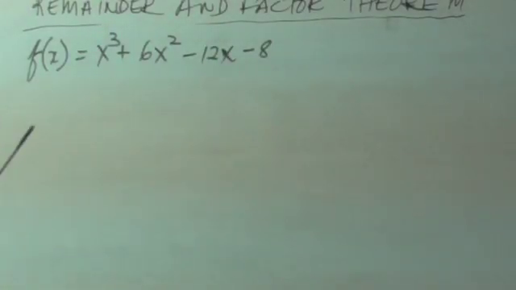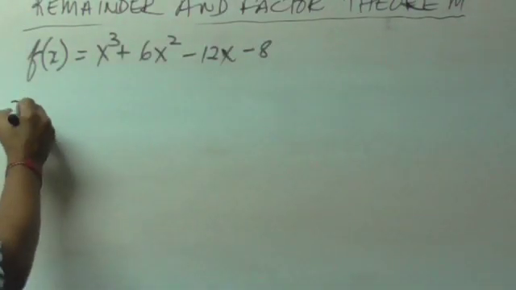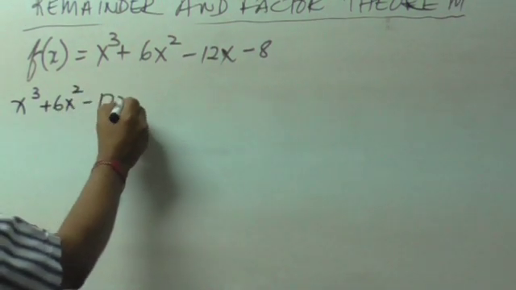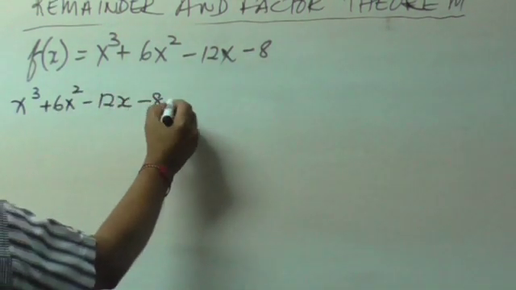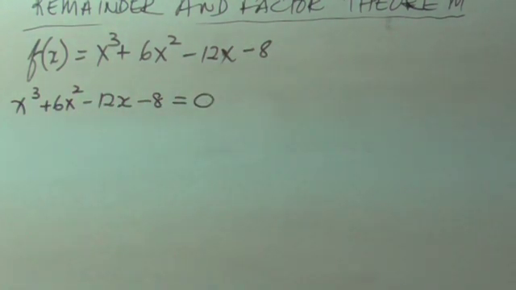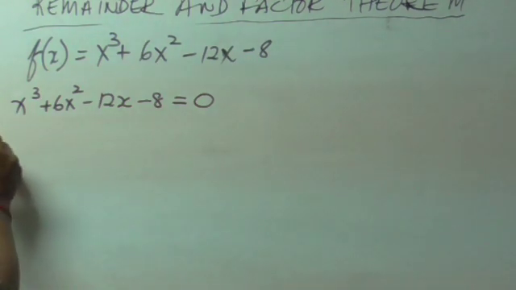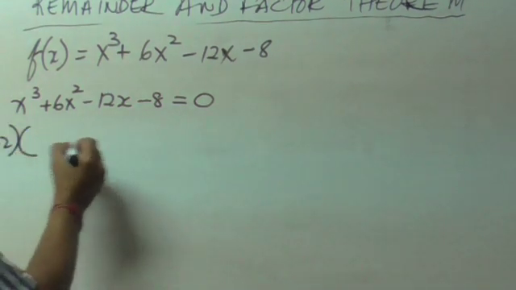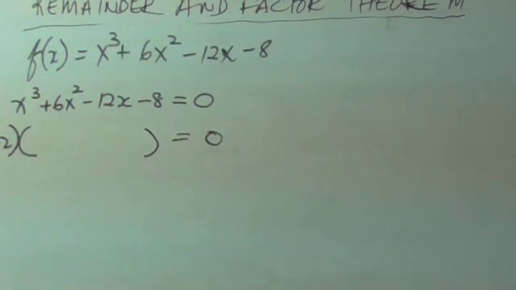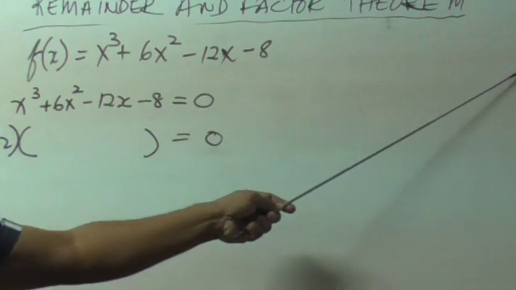So from our previous working, we know that x cubed plus 6x squared minus 12x minus 8 is equal to 0. That was the question given to us. We know that one of its factors is x minus 2, the one we used before.